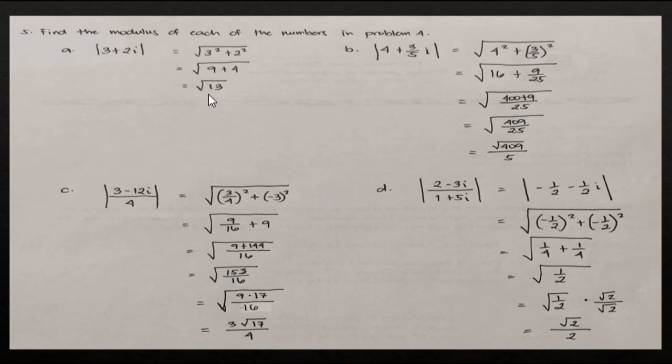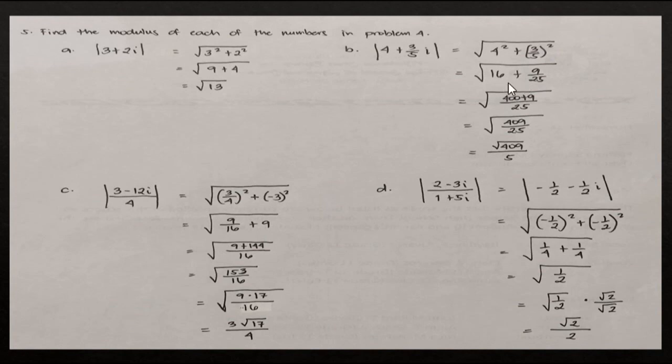So, the answer is square root of 13. Next given, the absolute value of 4 plus 3/5 i. So, again, we square root ang square ni a plus ang square ni b. So, 4 squared plus 3/5 squared. So, square root of 4 squared is 16 plus 3 squared is 9, 5 squared is 25.